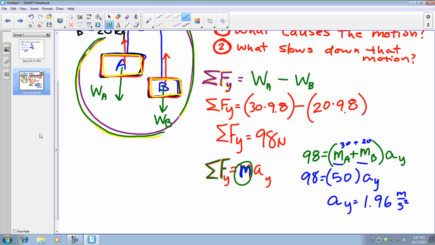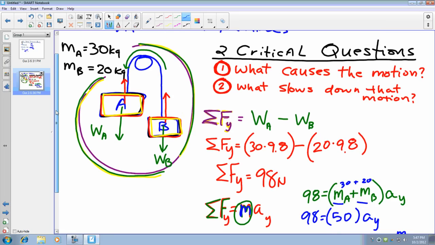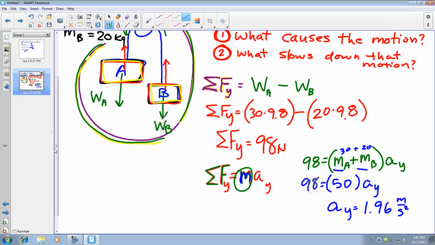When we think about the acceleration of the system as a whole, we see that the acceleration of block A and block B as a whole is going to be 1.96 meters per second squared. Well, now we can actually find the tension. So let's take a step back and let's consider both of these objects as separate objects.